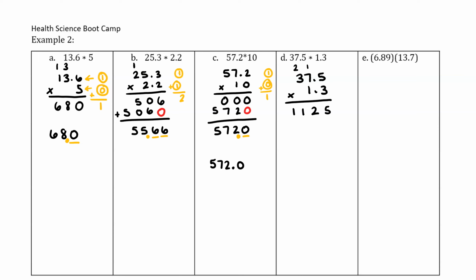Now we're going to drop a 0 because we're moving over a decimal place. We're moving over a place value. And we'll do the multiplication.